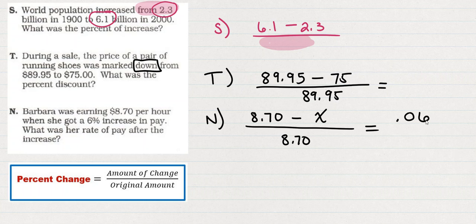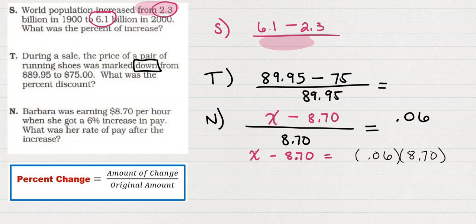So you could solve this by solving this equation. Actually, I made a quick switch. I forgot that when we're doing this as an equation, we do want to be mindful of getting a positive number. So I'm going to have to put the x first because we know it's an increase. The problem alerts us that this is an increase.